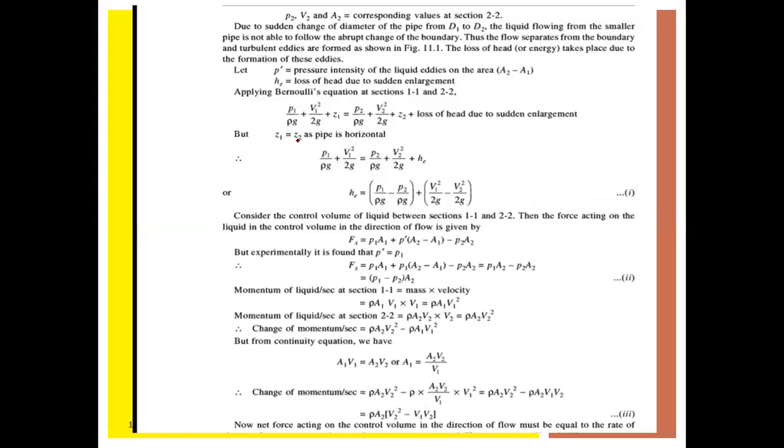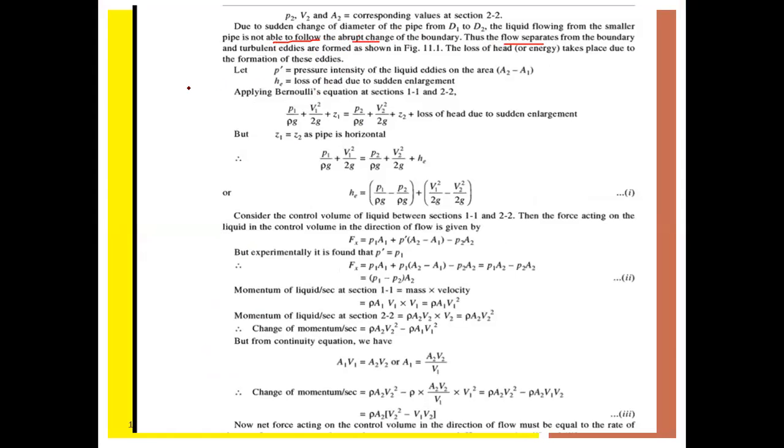Therefore, due to the sudden change in the diameter of the pipe, that is D1 to D2, the liquid flowing from the smaller pipe is not able to follow the abrupt change in the boundary. Thereby, the flow separates from the boundary and a turbulent process takes place.